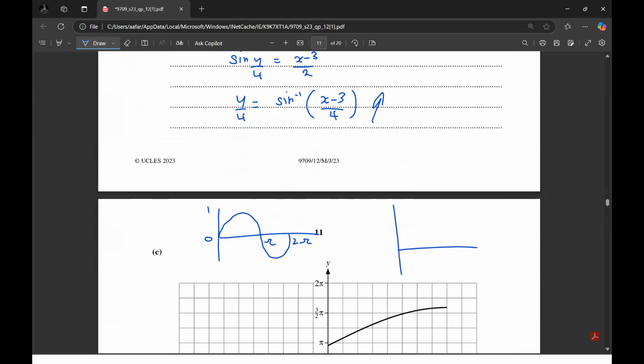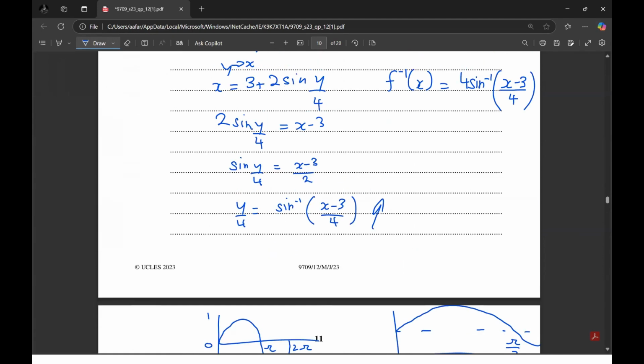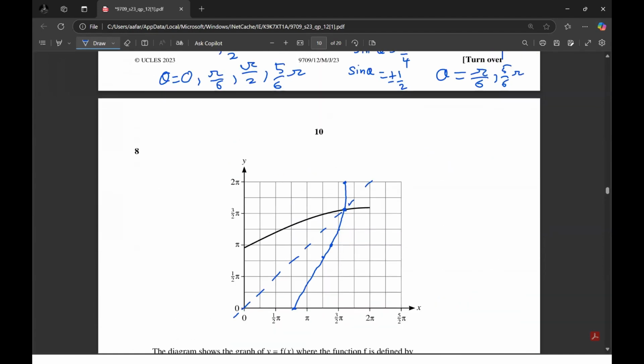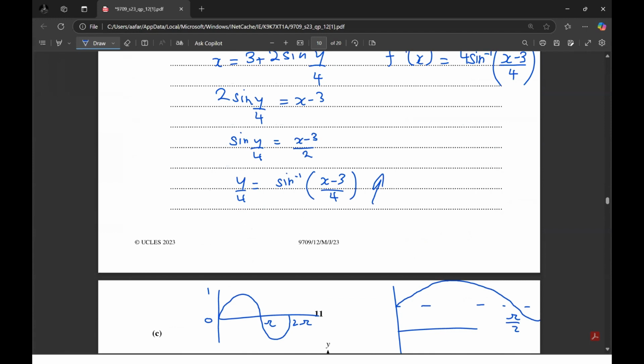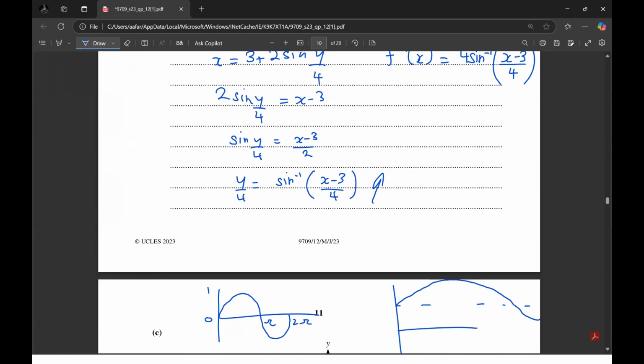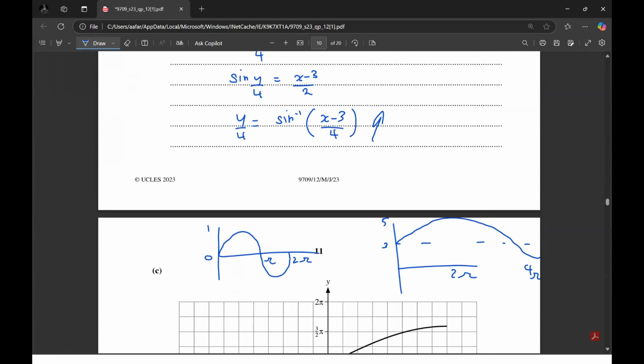This is what it actually became, something like this, where this is pi over 4, sorry, this is 2 pi, this is 4 pi.